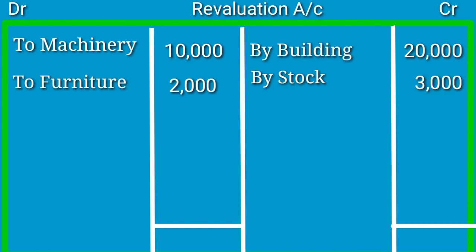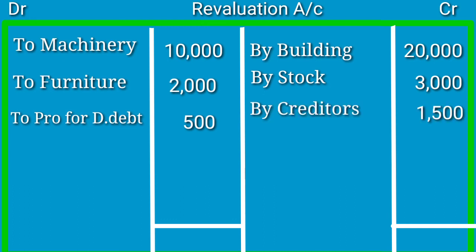Then revaluation account debtor to provision for doubtful debts. Provision for doubtful debts is a liability, so we get the loss, so we enter it on the debit side, to provision for doubtful debts 500. Next, creditors account debtor to revaluation account. Creditors is decreasing, or creditors is written off, so we get the profit. Then we record on the credit side, by creditors 1,500.